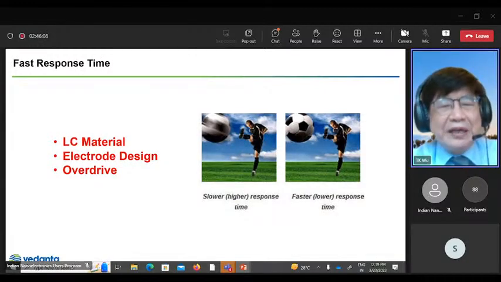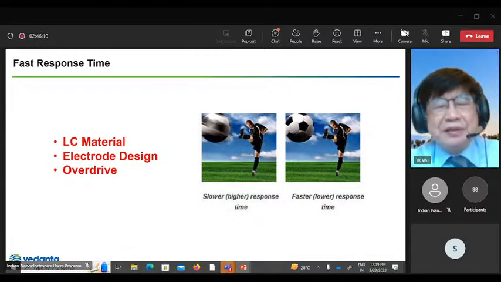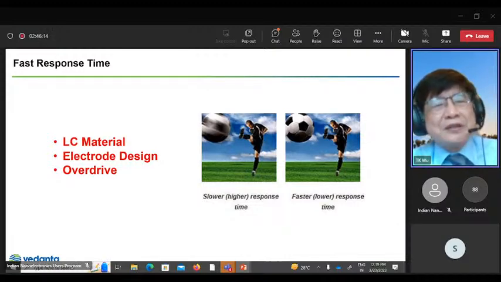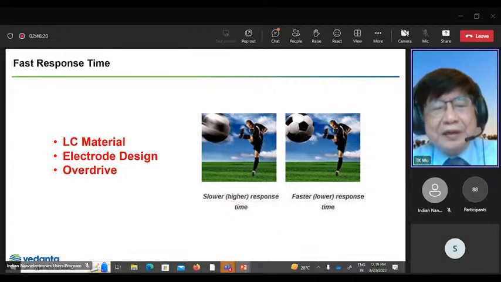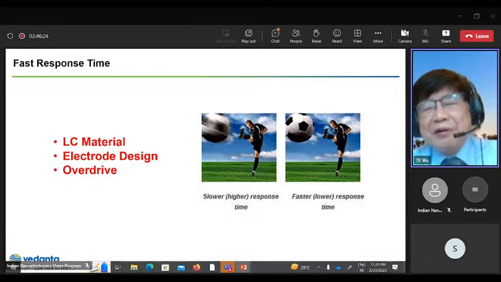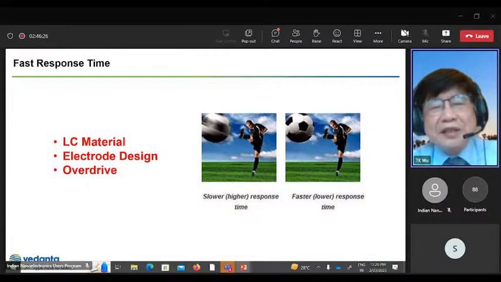So this one relates to the liquid crystal response time. We see two pictures on the screen. The left-hand one is a slower one, and the right-hand one is a fast one. We can see the difference. We can see the trace in the left-hand one just because the response time is too slow.